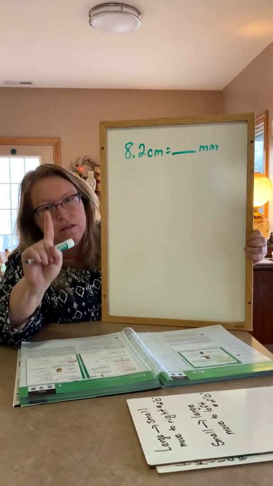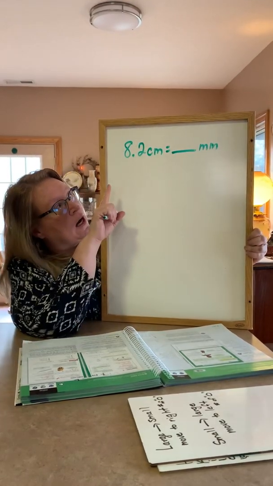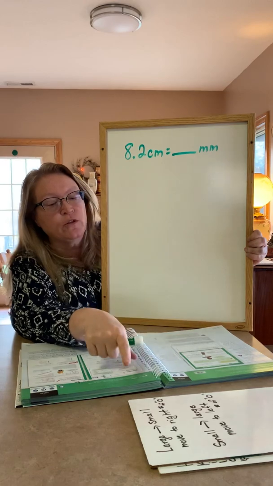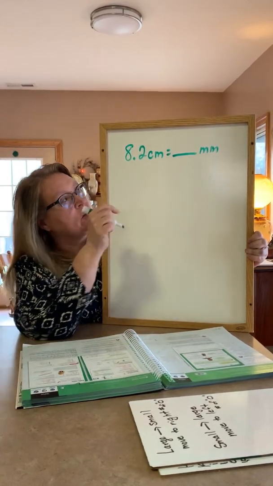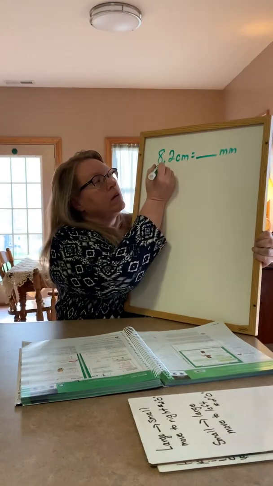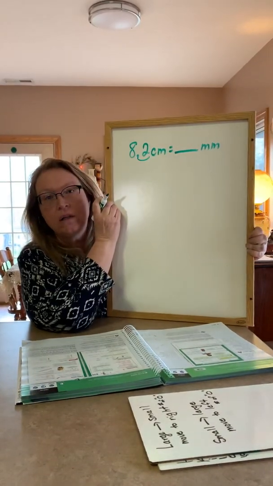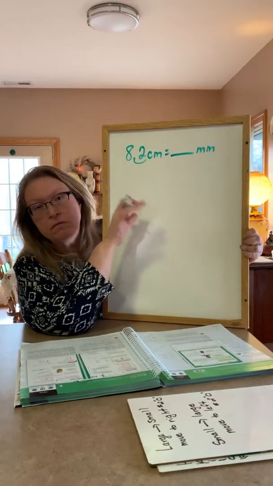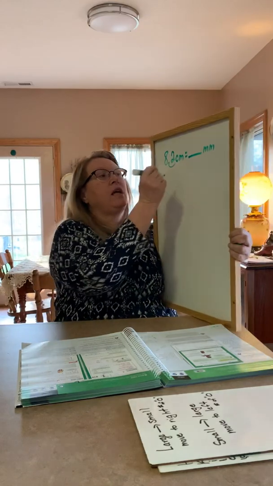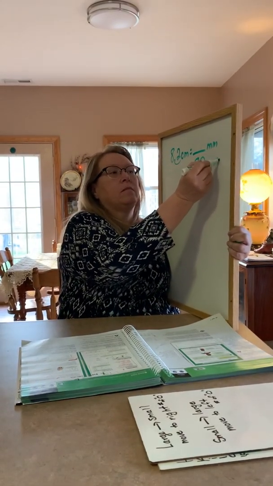There's 1 zero in 10. So I'm going to move it to the right because I'm going from large to small. I'm going to move it to the right one place because there's 1 zero in the difference between a centimeter and a millimeter. So my answer would be 82 millimeters.